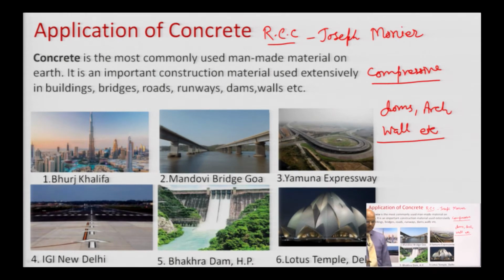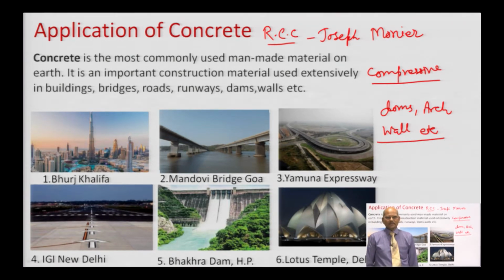He was a gardener, and he used to prepare flower pots. In handling, his flower pots used to get cracked or sometimes crumbled, and he was getting complaints from his customers that the flower pots were cracking.